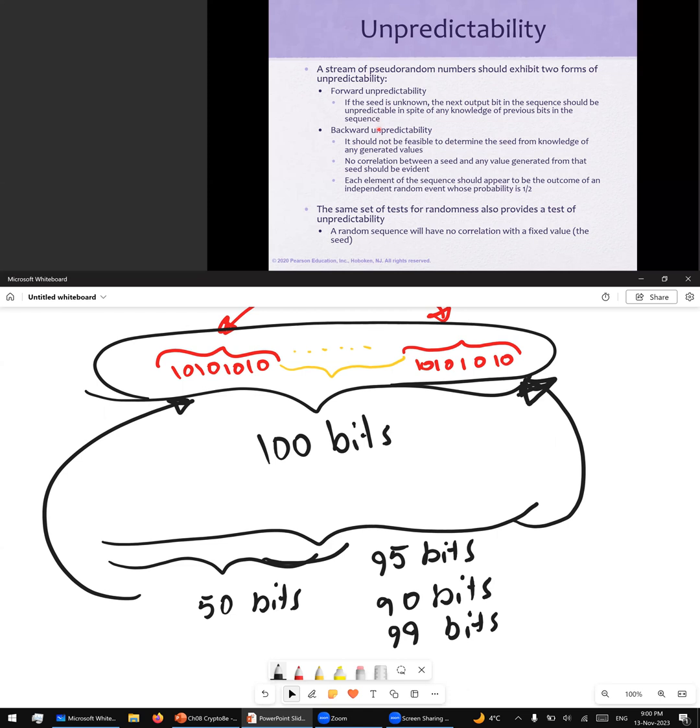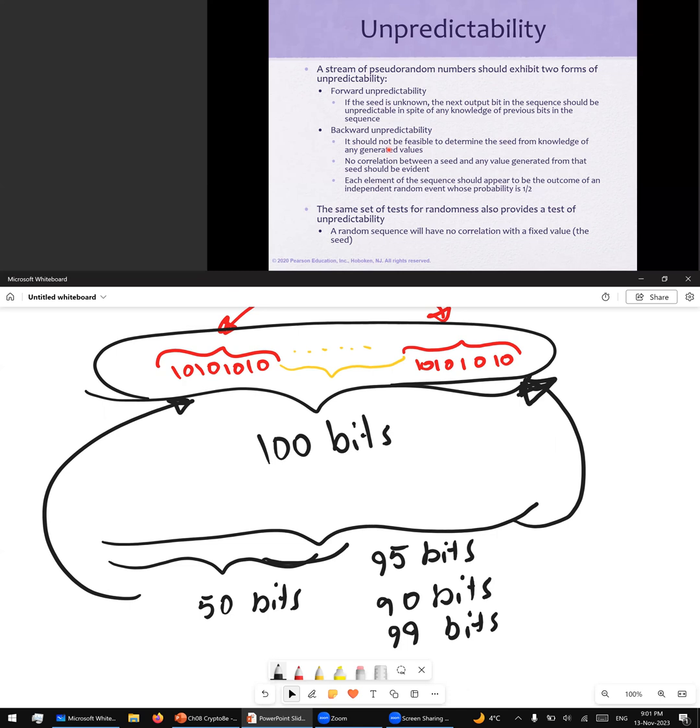Backward unpredictability means that it shouldn't be feasible to determine what the seed is from any sequence of bits that the pseudo-random number generator has generated. And this looks pretty obvious, right?